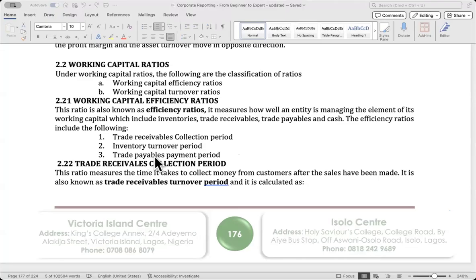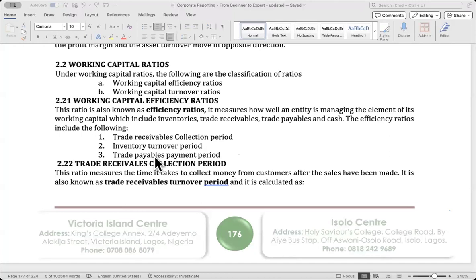When I say a business, I mean a singular transaction. The number of days it takes you to start and finish a transaction. Of course, the shorter, the better. So when you have a short operating cycle, it means you're an efficient business, which is very good.